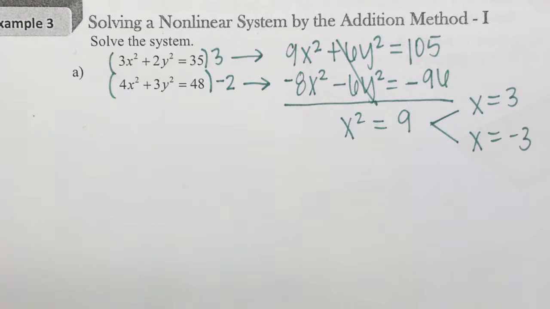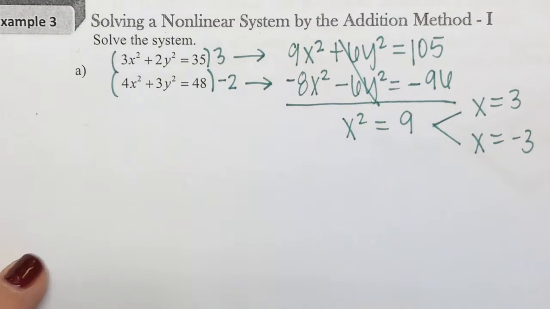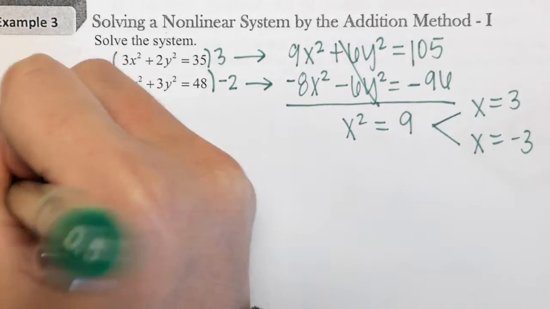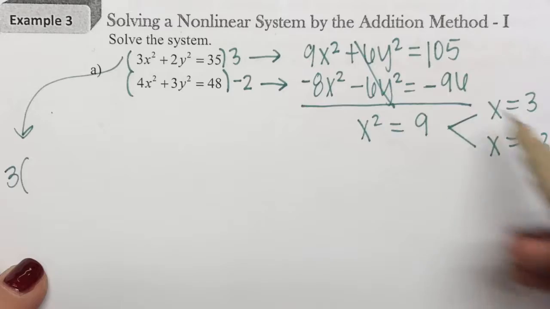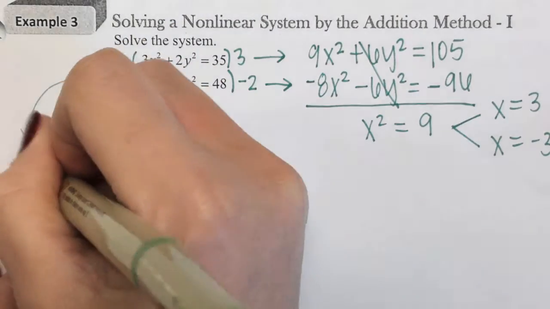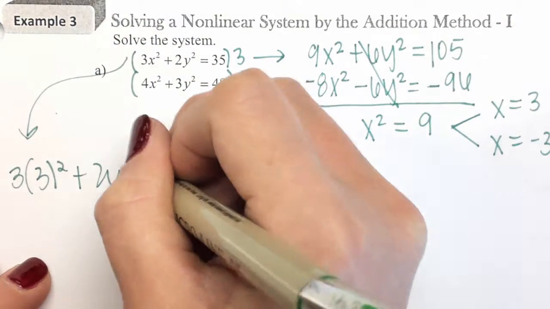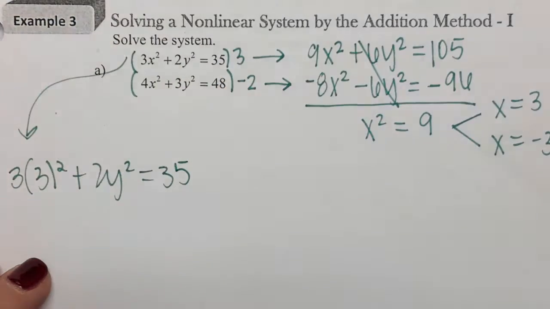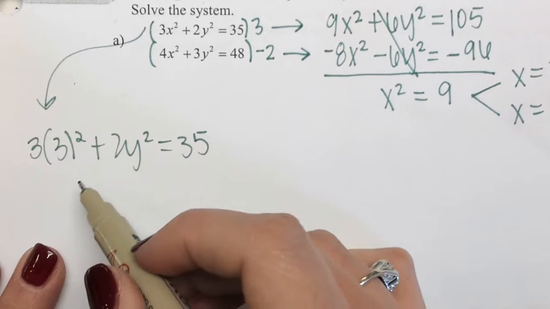So to find our y's, we just plug it in to either one of the originals. And which one would y'all like to do? Top. Okay. So I'm plugging in to this top equation 3 for x this time. So 3 times 3 squared plus 2y squared, because we don't know what y is, equals 35. Again, I just took this 3, plugged it into x right here for this equation.